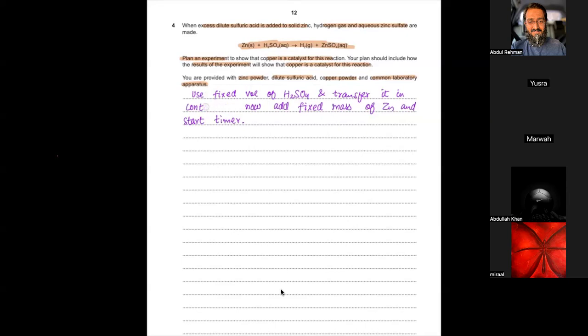I think it's better to write that you can use either a beaker or a conical flask.